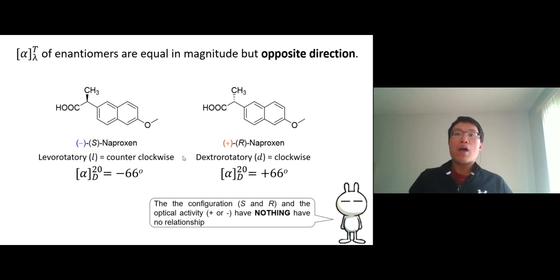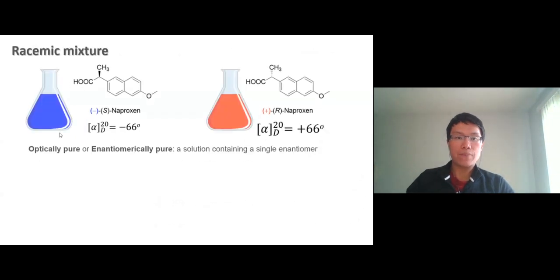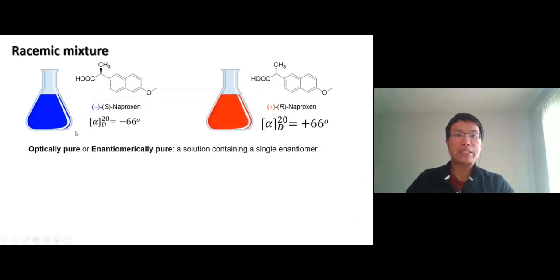The R and S system was created by scientists to name the configuration of each chiral center, not to describe a pair of enantiomers' optical rotation. It has nothing to do with plane polarized light, a totally different thing. Plus could be R, plus could be S, negative could be S, negative could be R. They have nothing to do with each other. Now let's move on. We're going to talk about racemic mixtures.